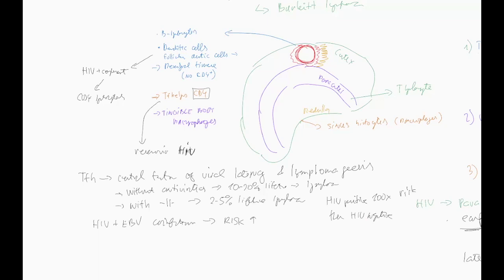So that was a comment on HIV. In the case of HIV, it expands the cortex and paracortex. But I have some more special bugs for you, just to make it more complex.